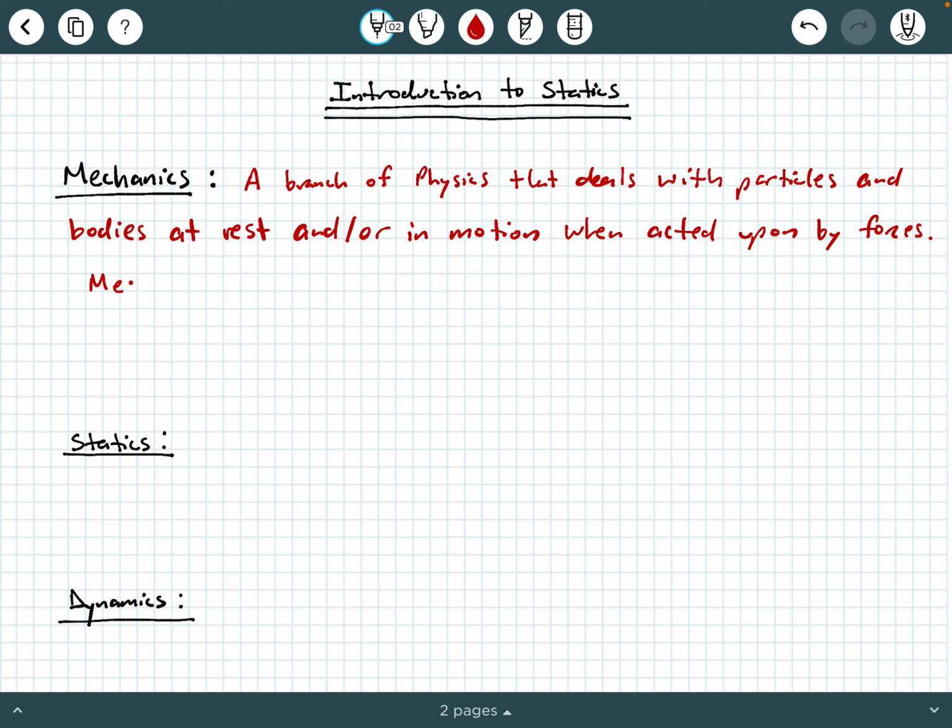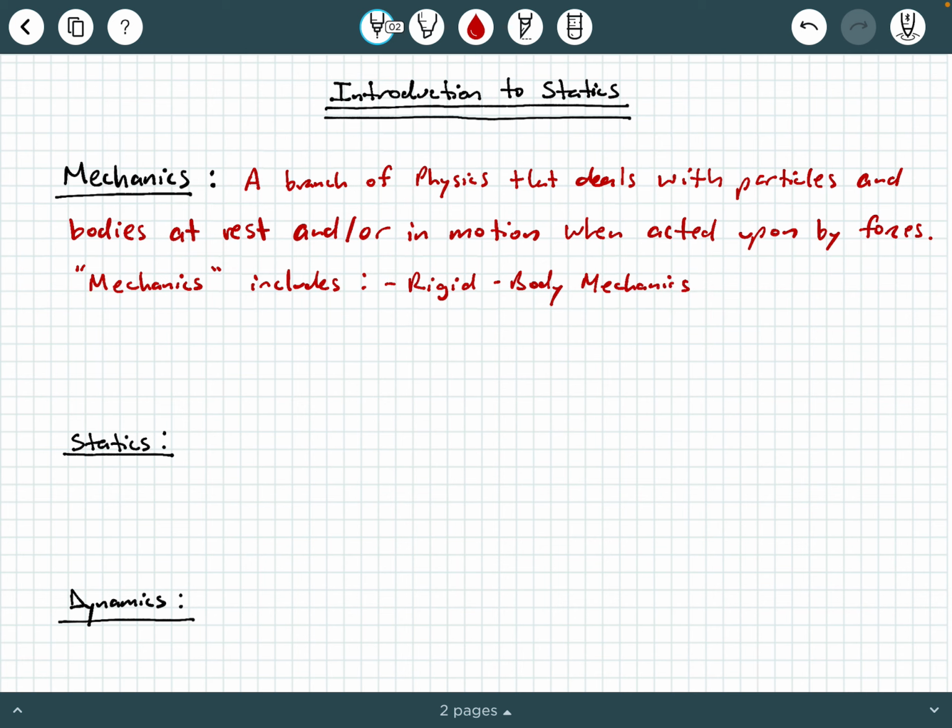We're going to say mechanics includes what we call rigid body mechanics.